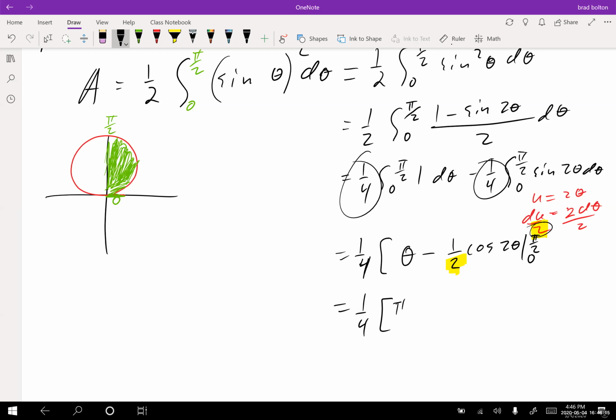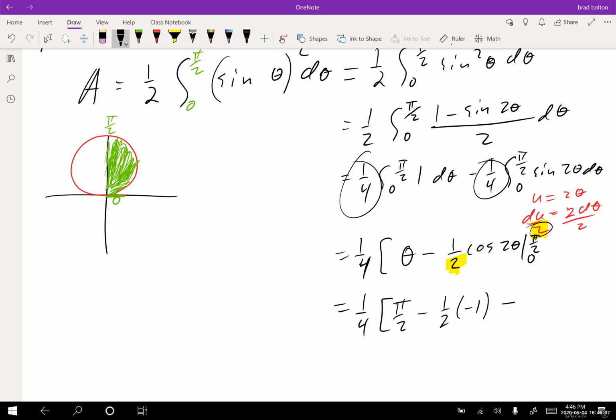Now theta is pi over 2 minus 1/2 cosine of pi, which would be -1, I believe. Let's see here. That would be cosine of pi, which is -1. Yeah, sounds good.